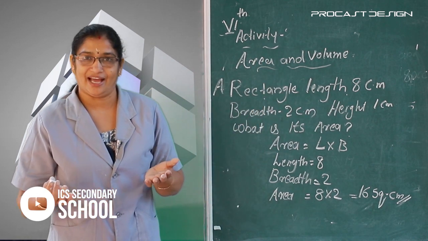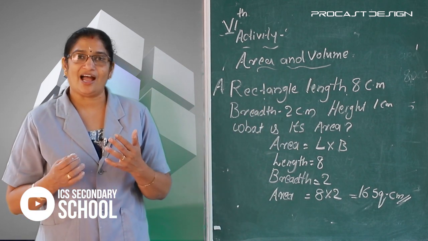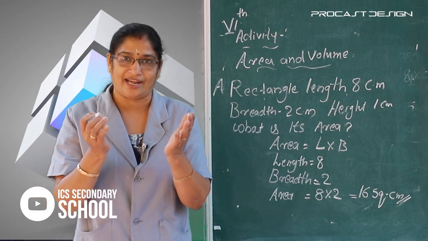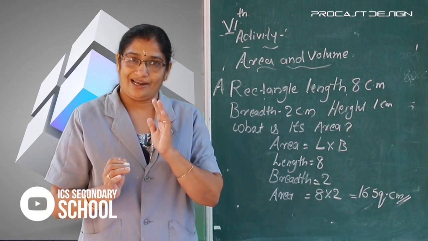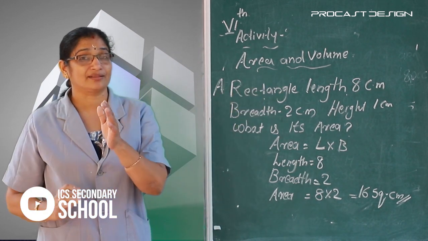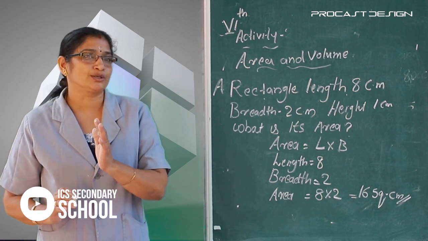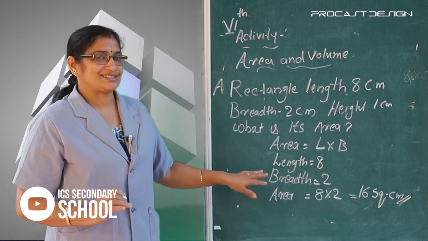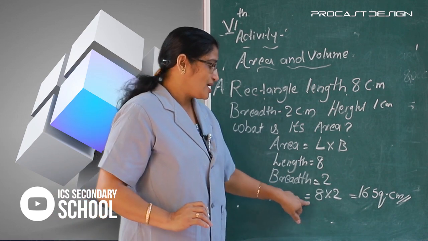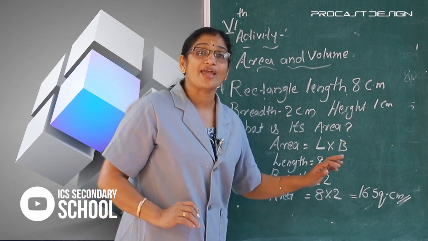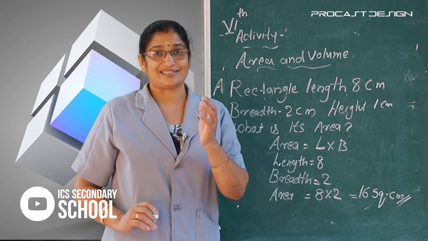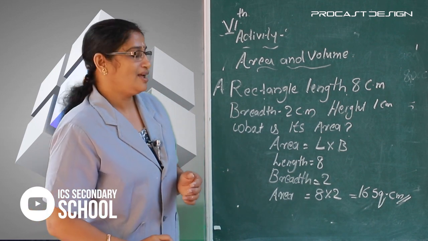What is its area? Area calculation: length into breadth. 8 into 2 is 16. Area is 16 square centimeter. Next.